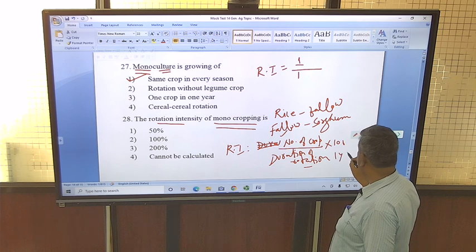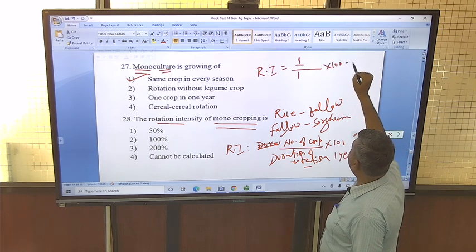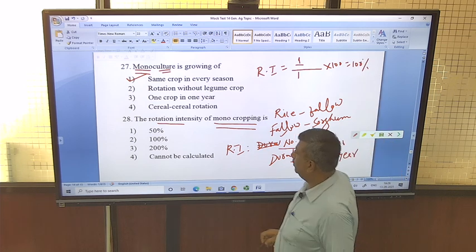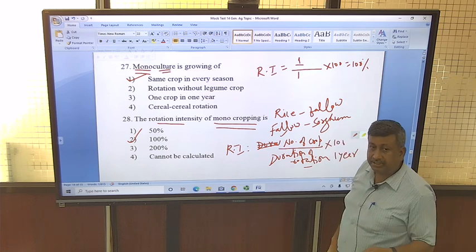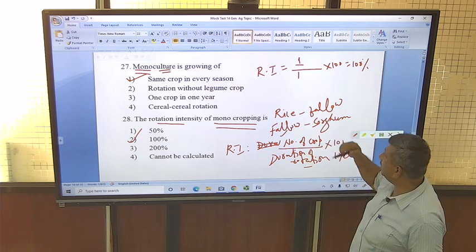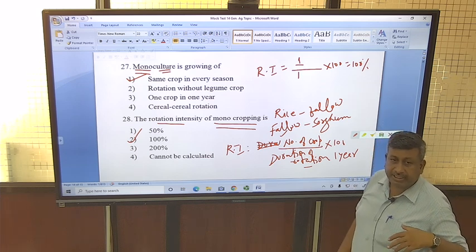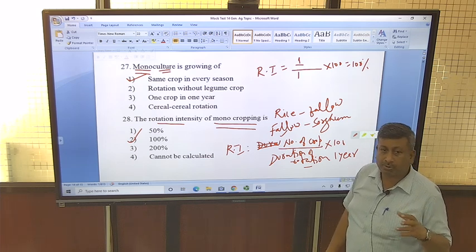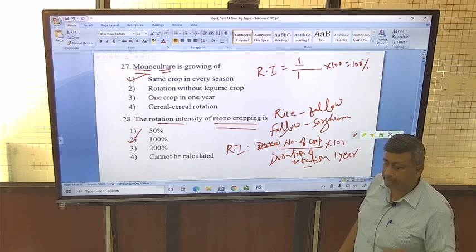So it is 1 by 1 into 100, which is 100%. In double cropping, rotation intensity is 200%: 2 crops are grown and duration is 1 year. Triple cropping, rotation intensity is 300%, with 3 crops grown in 1 year. Quadruple cropping, 4 crops are grown in 1 year, so 400%.